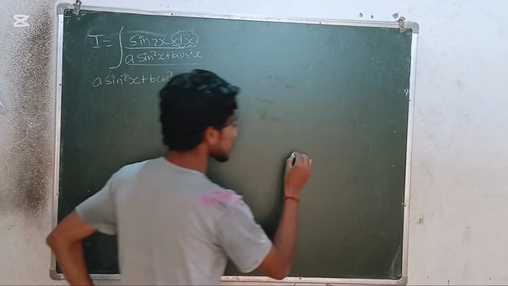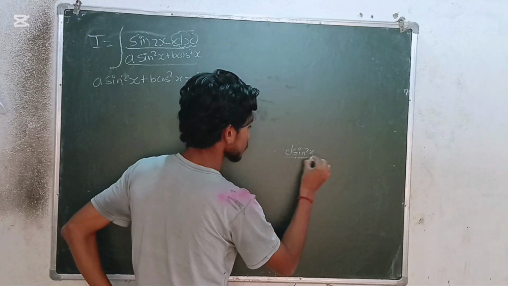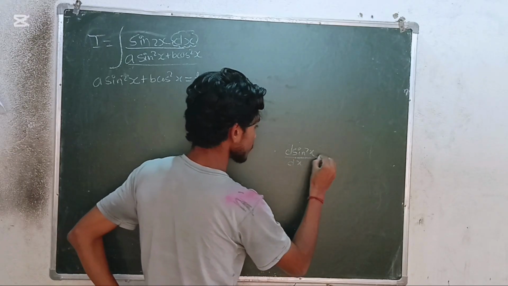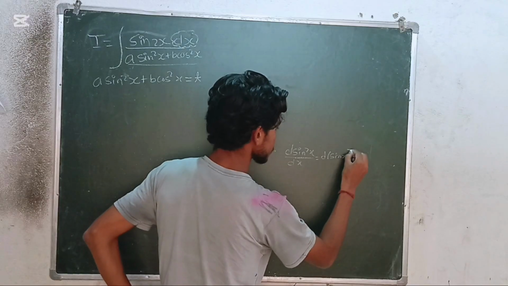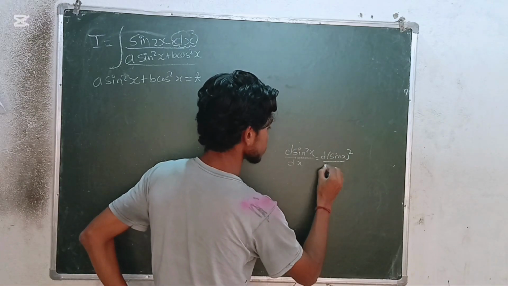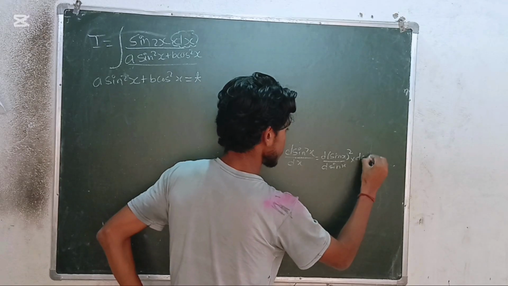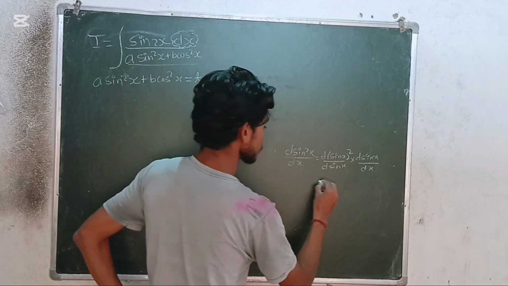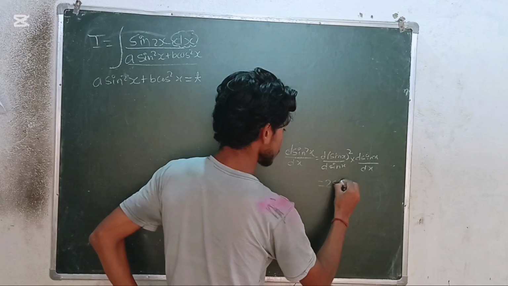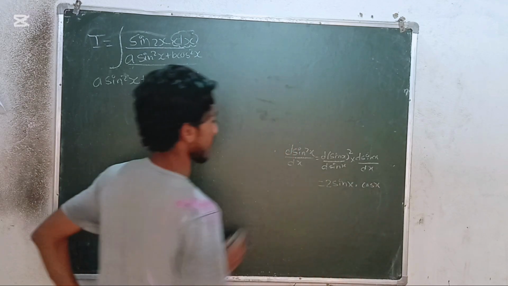So when you differentiate sine squared x with respect to x, you get 2 sine x into cosine x.